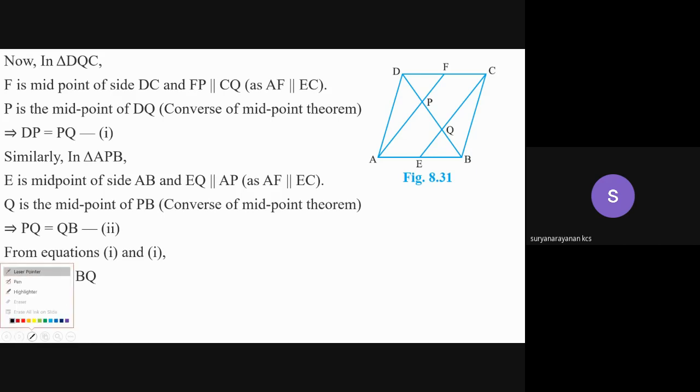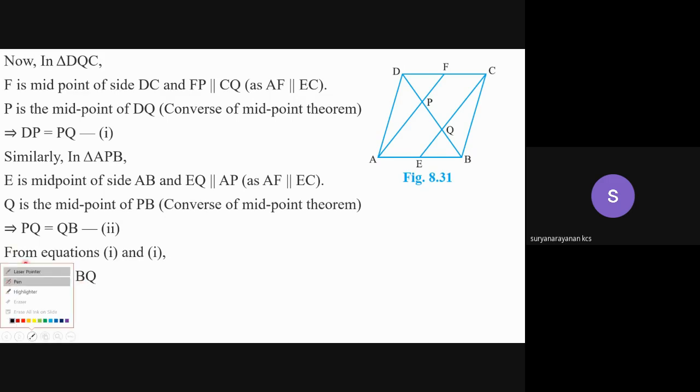Here I typed 1 only by mistake, I will correct it later. So from equations 1 and 2, we proved DP is equal to PQ is equal to QB. That means AF and EC trisect the diagonal BD.